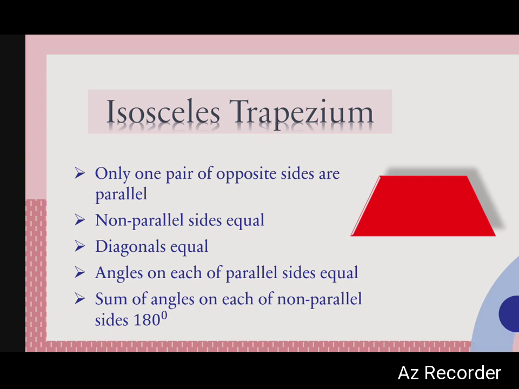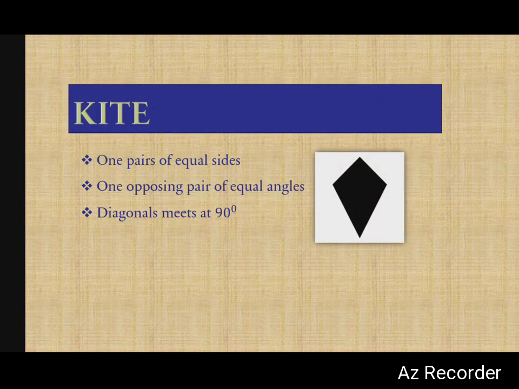Then next is the kite. A kite is a quadrilateral with pairs of sides equal. That is, these two sides have the same length, and these two sides also have the same length, and one pair of opposite angles is equal.